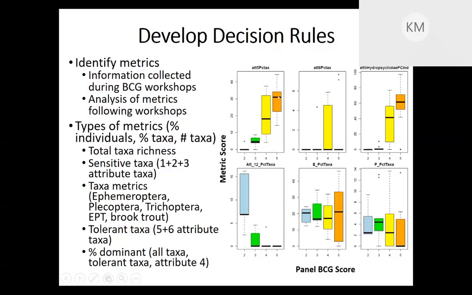But you can see for this attribute 5% taxa, so those are the tolerant taxa, as you go down that gradient, those tolerant taxa become more common, or at least there are a larger percentage of those taxa. And you can see BCG2, that stands out, that looks different from 3, looks different than 4. Maybe it doesn't do a great job of distinguishing between 4 and 5. Something like this ephemeroptera percent taxa doesn't really seem to show much of anything.